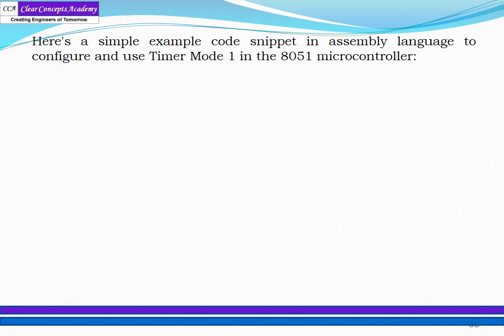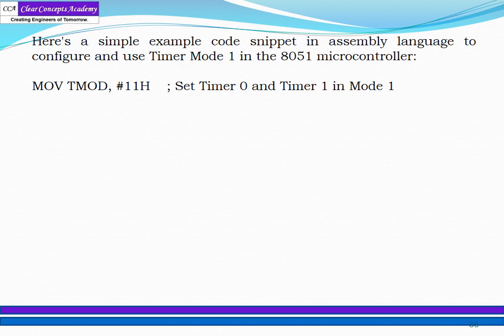Here's a simple example code snippet in assembly language to configure and use timer mode 1 in the 8051 microcontroller. Now we'll see the actual program in assembly language for timer mode 1 operation. MOV TMOD, #11H.